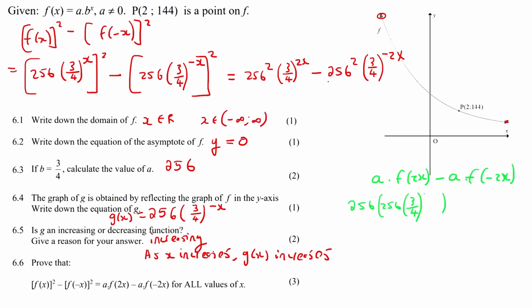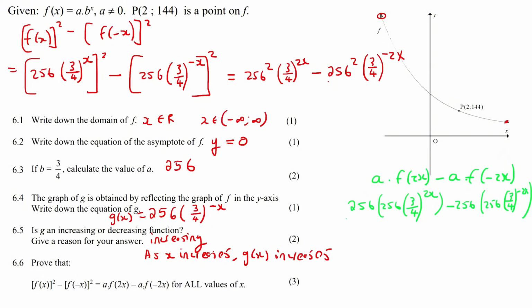But they want us to replace the x with 2x, so we're going to say 2x like that, okay? And then they want us to minus 256, and then 256, 3 over 4 to the negative 2x.